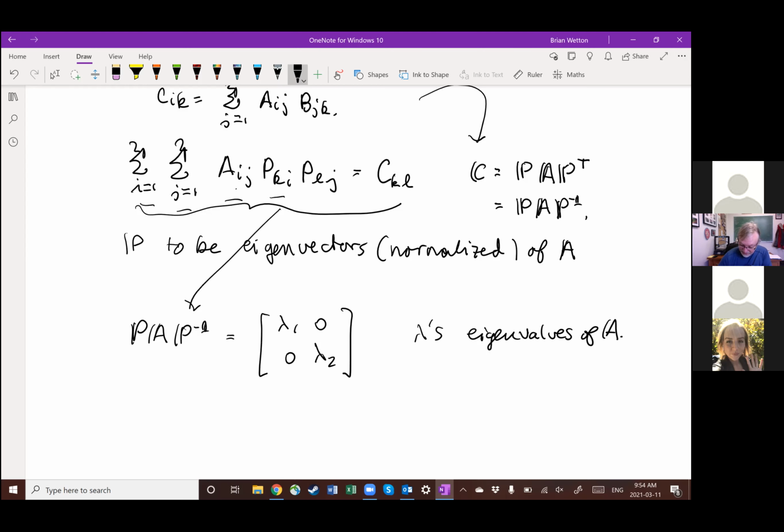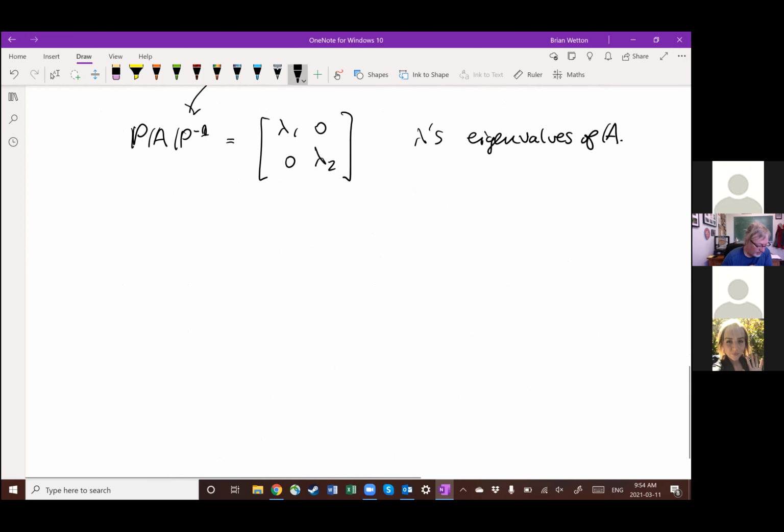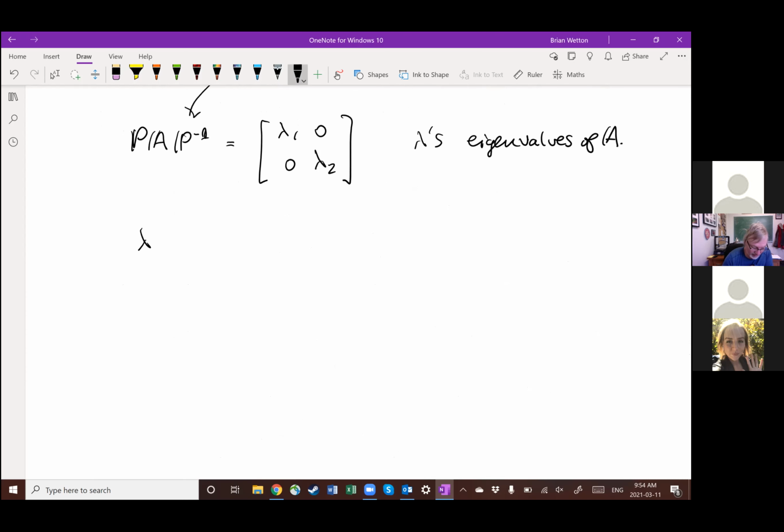So that means this whole thing here collapses down to lambda 1 d2u/dy1 squared plus lambda 2 d2u/dy2 squared, right?